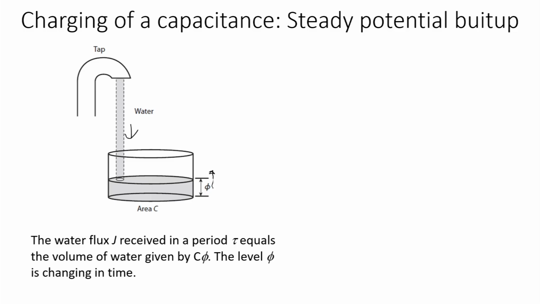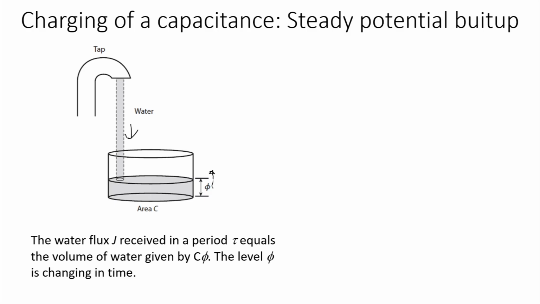So, the water flux J received in a period of tau equals a volume of water given by C into phi. That is the expression we showed in the previous slide: tau into I is equal to C phi. This is the volume, the area I am taking as C and the level height as phi.